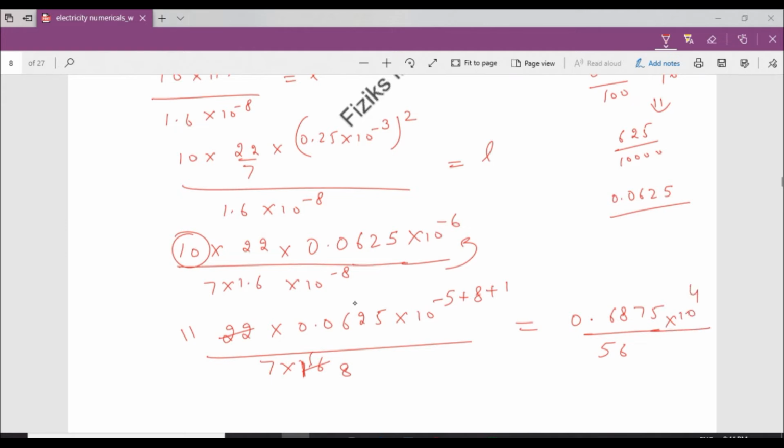So it will be 6875 by 56. So when you divide it by long division method, you will get it as 122.76 meters. So this much meter is the length of your wire.